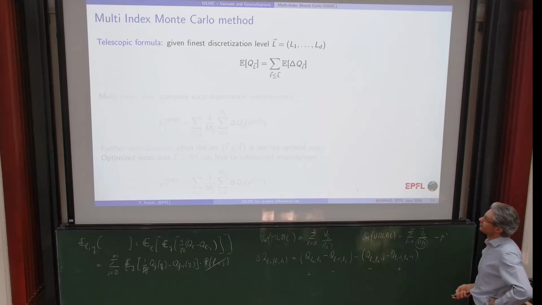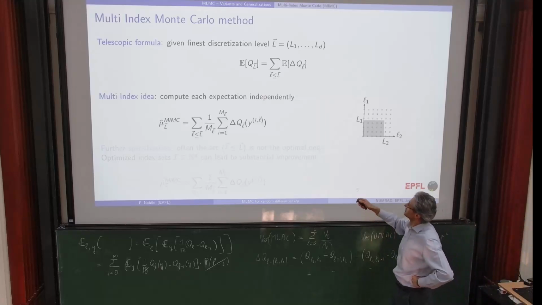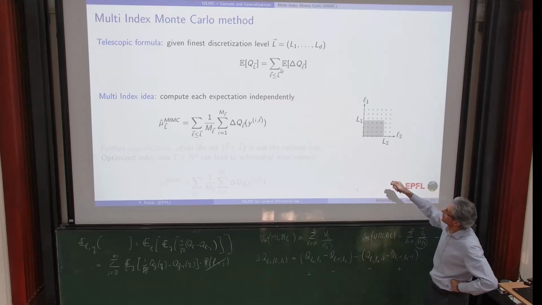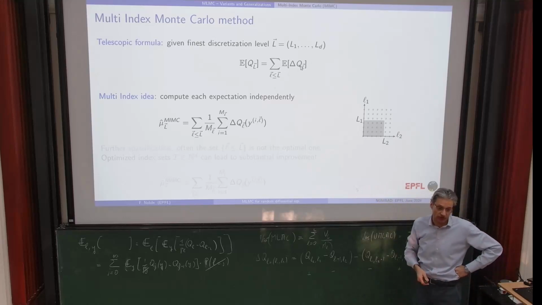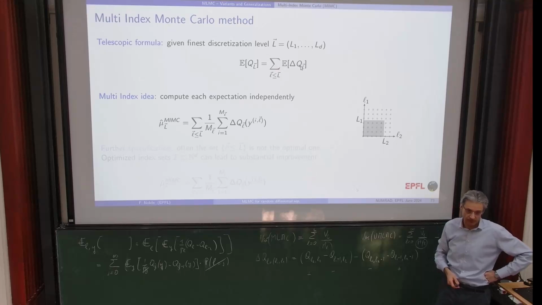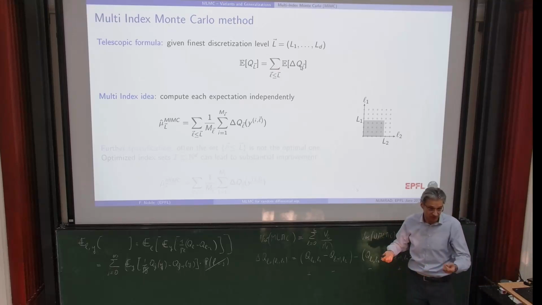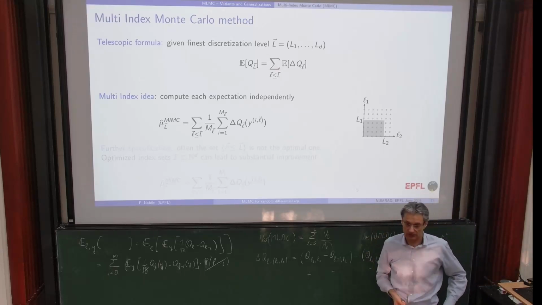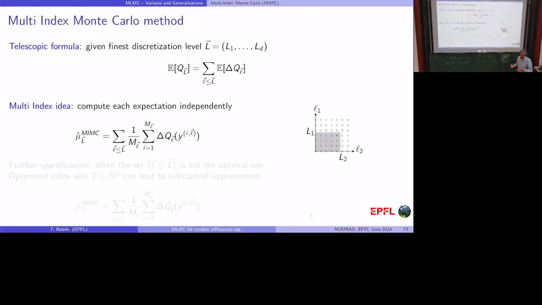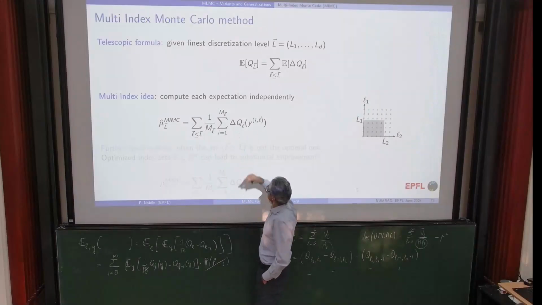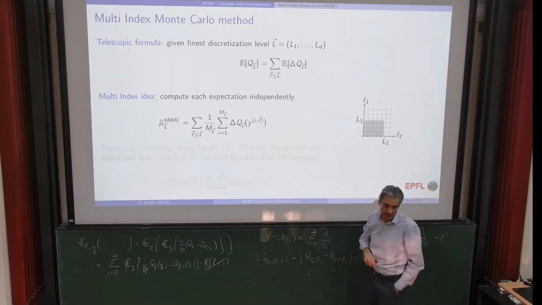So if we want to build an estimator, a possible estimator is to say, let's use an independent Monte Carlo for each one of these deltas. We have many more terms to compute, but maybe it gives something. So the first version is to sum over all those terms and use a simple average for estimating each one of those deltas.